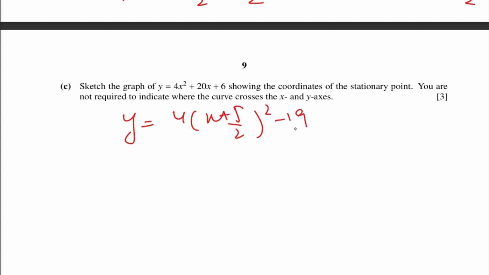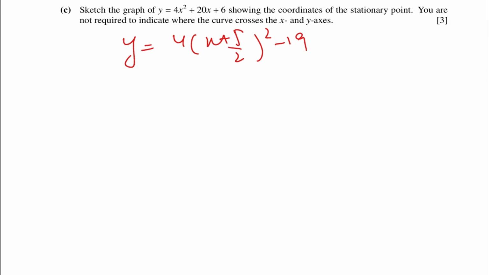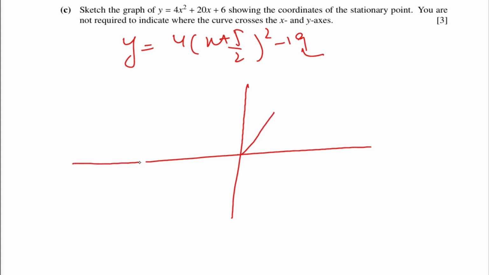This was our square form, and it indicates that its y-intercept is here, minus 19, and it will be passing through the center, as it is a curve, and its center will be equal to the turning point, which we find from x plus 5 over 2 equals 0, x equals minus 2.5.